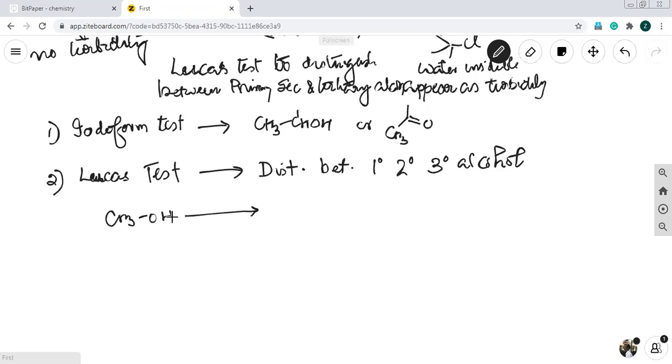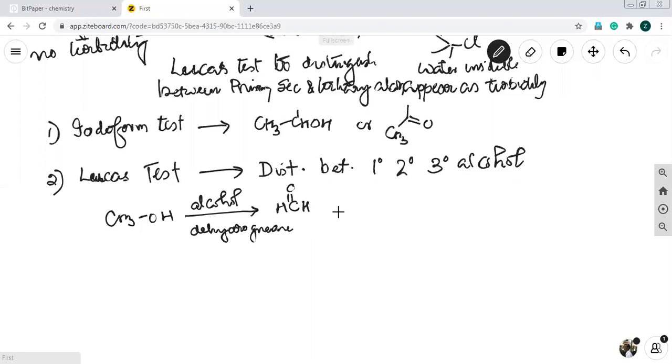When we consume, this will be reacted by the enzyme alcohol dehydrogenase, and will be converted into HCHO. This is what is called formaldehyde.